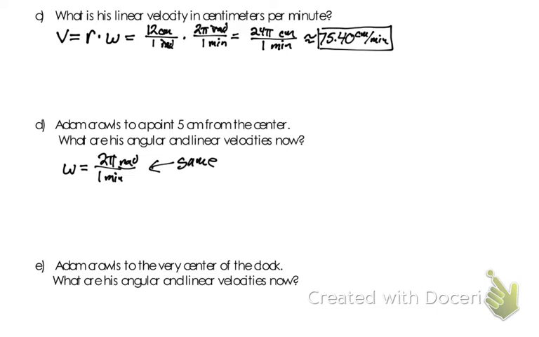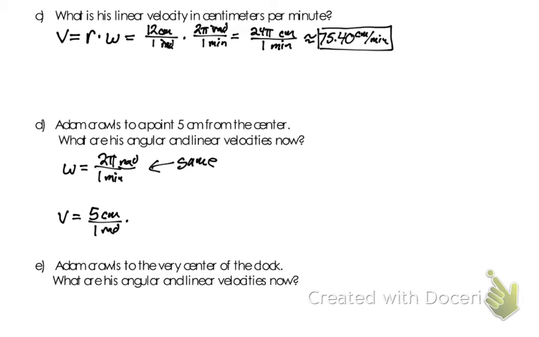Your linear velocity should change though, right? So now I'm closer to the center. Should I be going faster or slower? Slower. So hypothetically, you can check your work and go, okay, it should be slower. Our new radius is 5. It will be 5 centimeters per 1 radius.